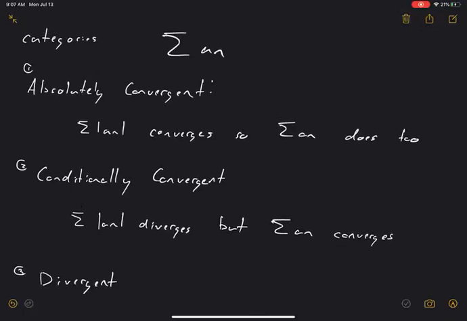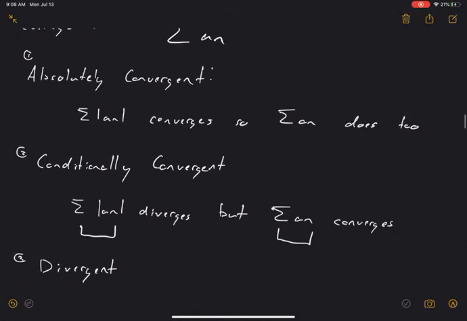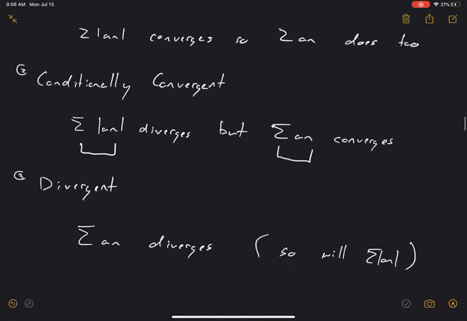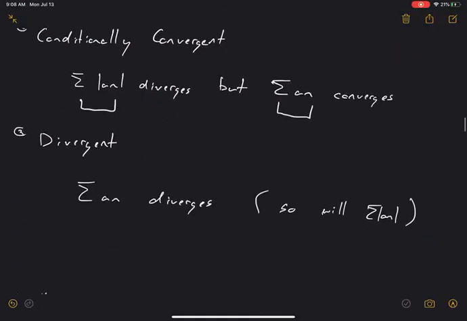So let's remember what all these mean. Absolutely convergent means the series of absolute values converges, and that implies that my original series also converges. Conditionally convergent means the series of absolute values diverges, but my original series still converges. And then divergent, in particular, means my original series diverges.